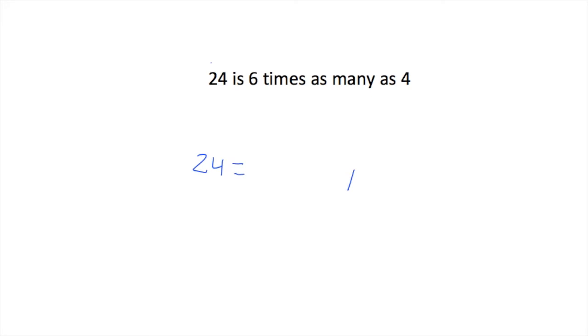So 24, equal sign, 6 times, for the multiplication sign, times as many as 4. So this is a multiplication equation. What we did here is we converted a multiplication word sentence into a multiplication equation.